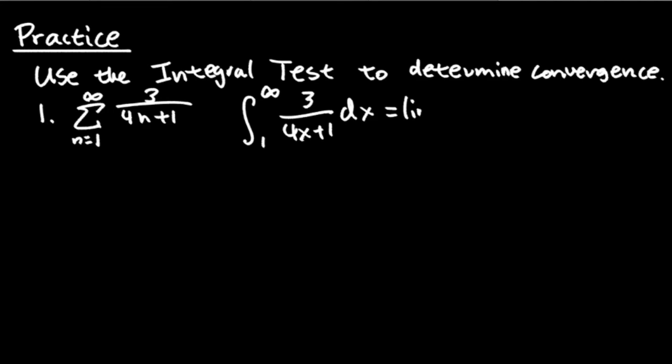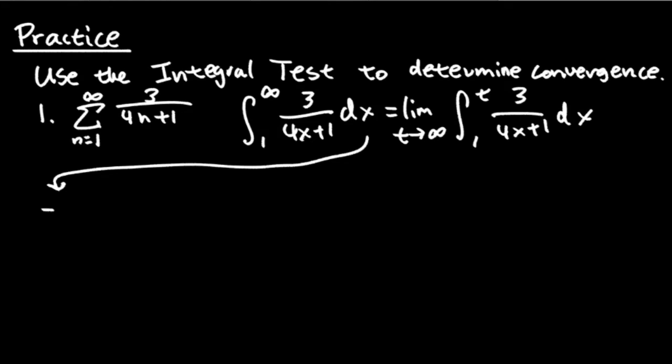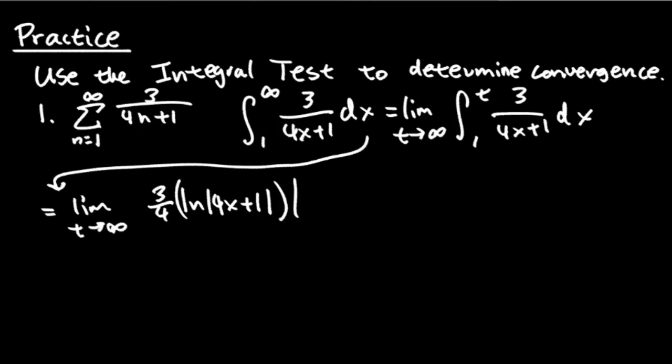So let's take the limit as t approaches infinity of the integral from 1 to t of this thing. So let's see, limit as t approaches infinity of this will be 3 over 4 ln of 4x plus 1 evaluated from 1 to t.